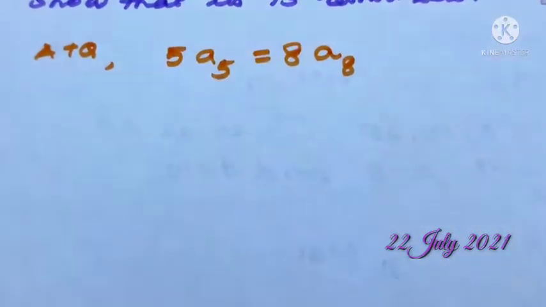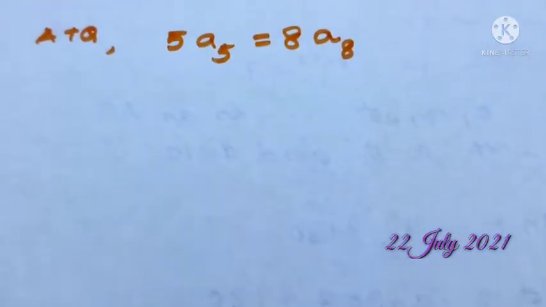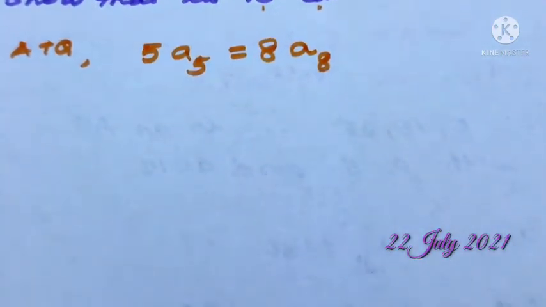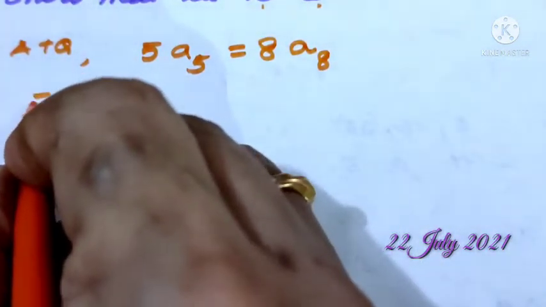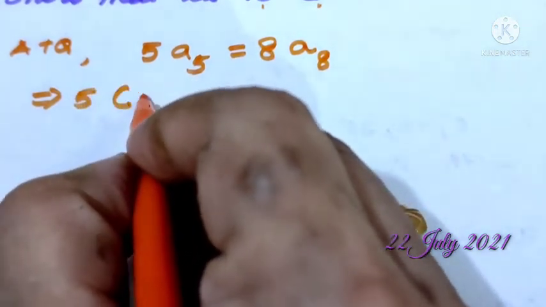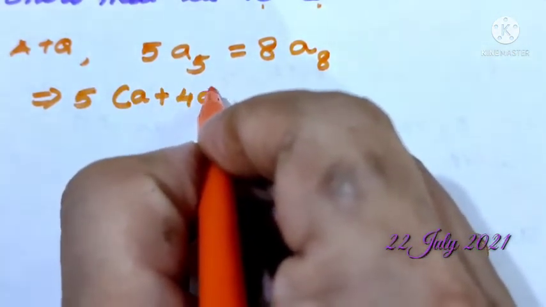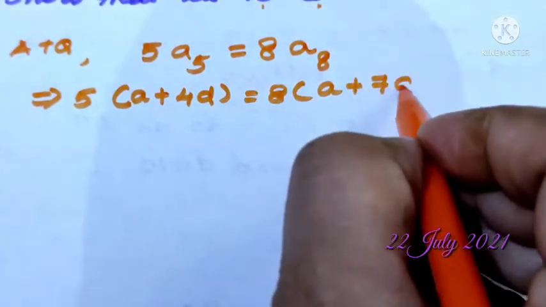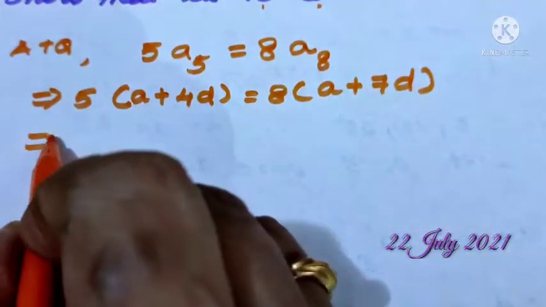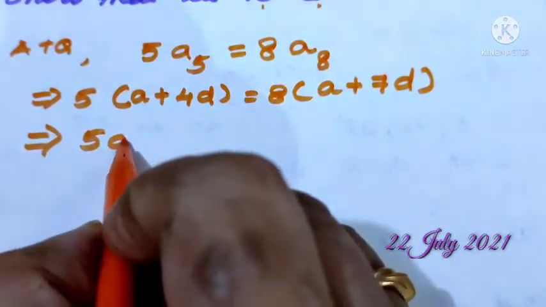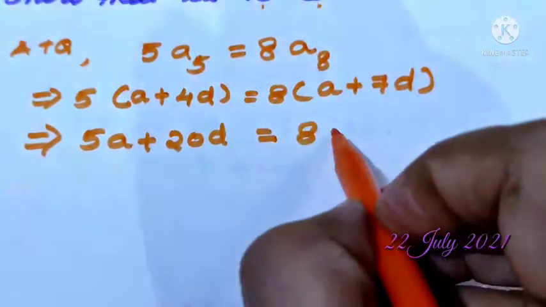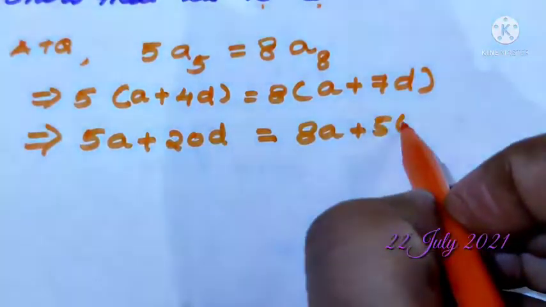This is the equation we are having. Now we have to prove that 13th term is 0, right? Now we are expanding 5 into A plus 4D equal to 8 into A plus 7D. Expand the bracket, 5A plus 20D equal to 8A plus 56D.